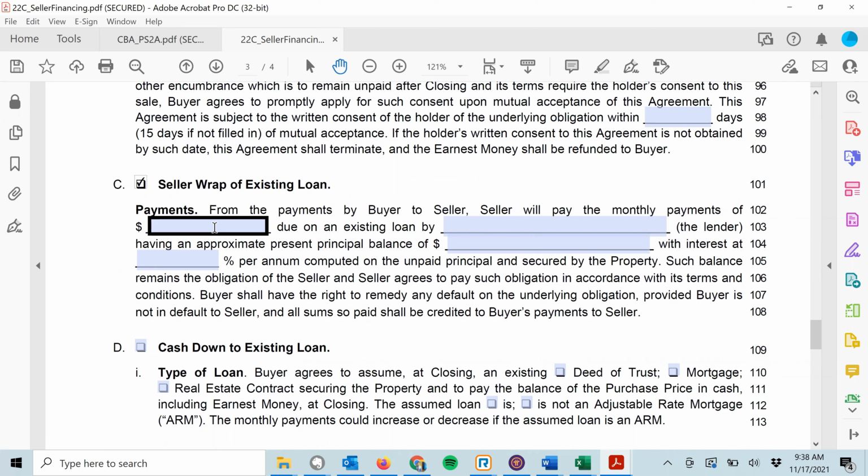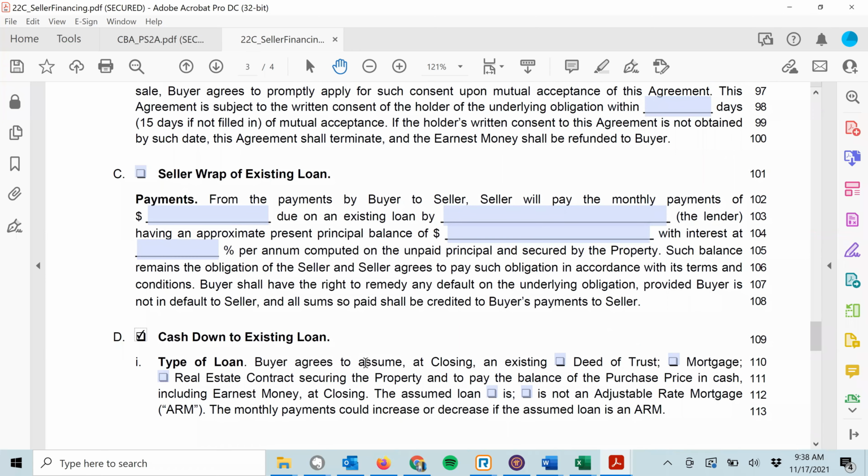But the economics could be that maybe you need the buyer to put a certain amount down to pay down the mortgage so you can carry the paper. All of these are numbers, right? So you have to analyze each of them on a case-by-case basis to figure out, can we just do a wrap? Or do we have to put money down to buy down the balance of the mortgage?